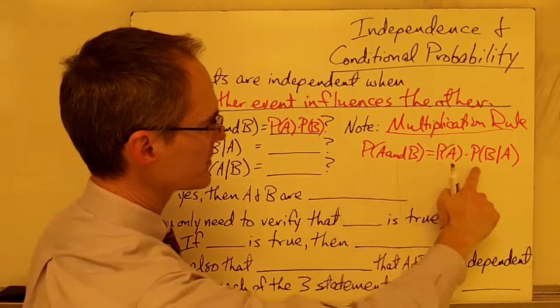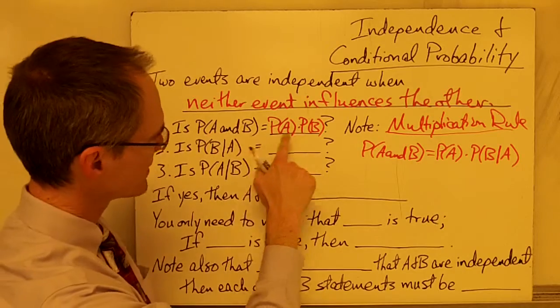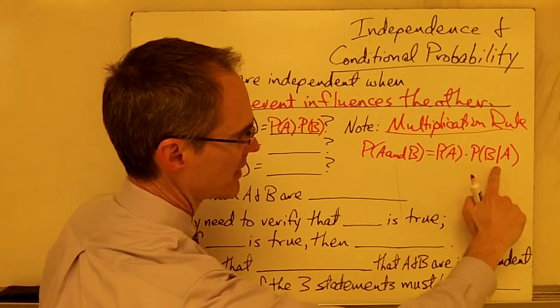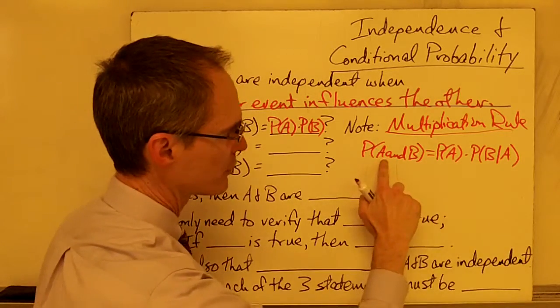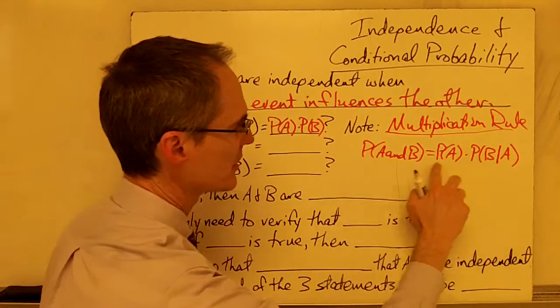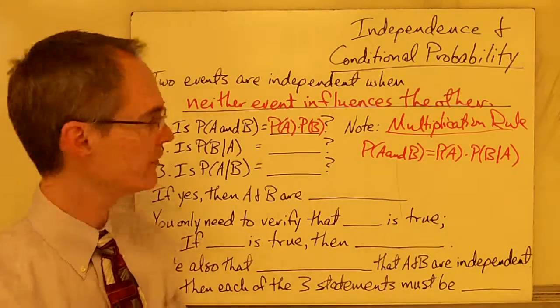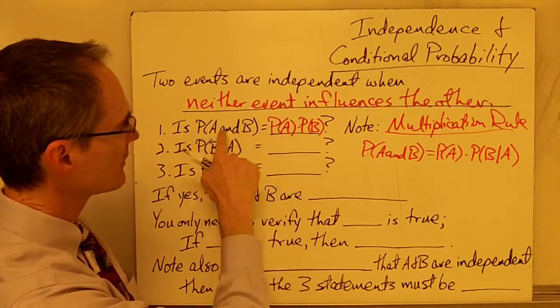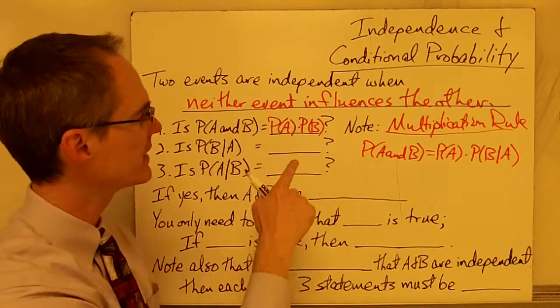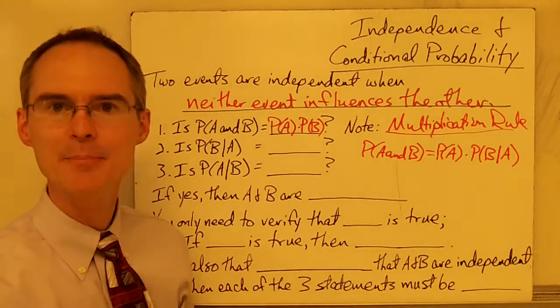Well, this looks kind of like this, except for this part right here. And the reason that they don't look the same is because the multiplication rule is a general rule. It can be used for any two events. This, if this is true, then we know that the two events, A and B, have to be independent.